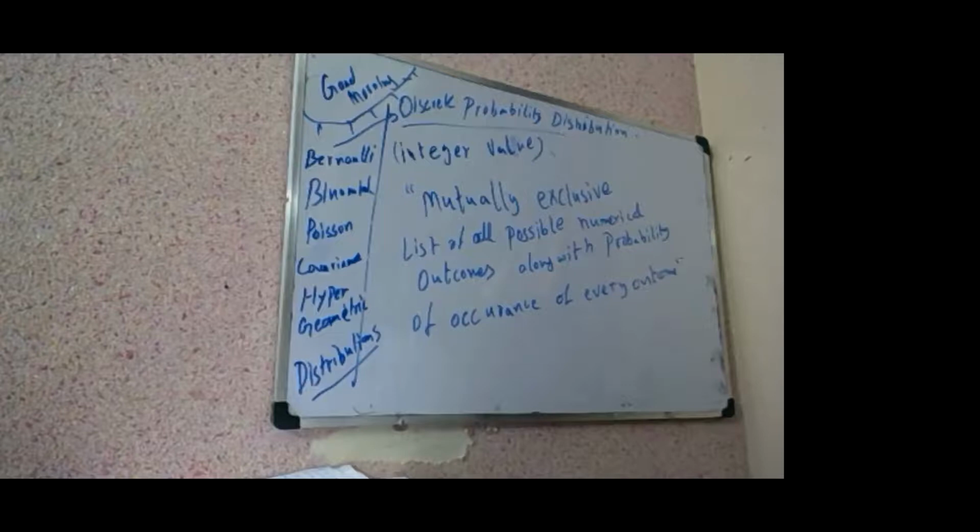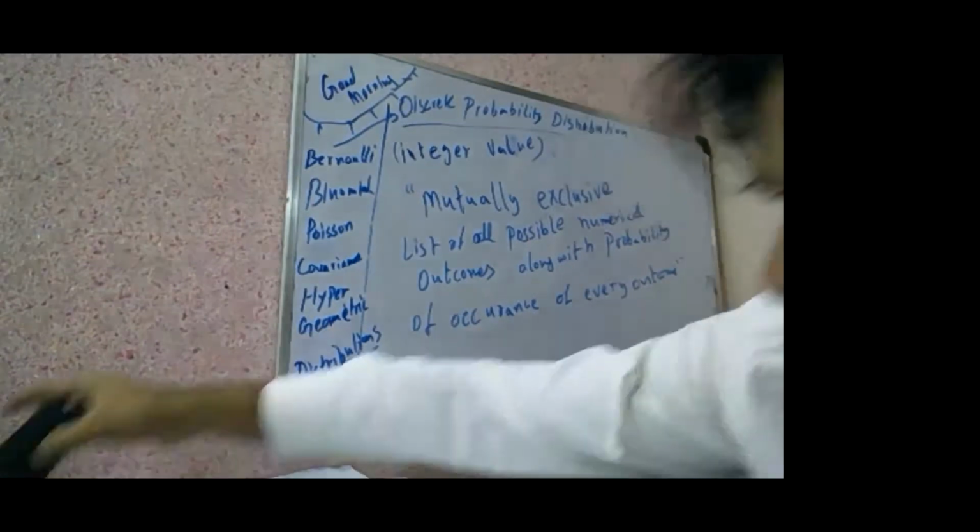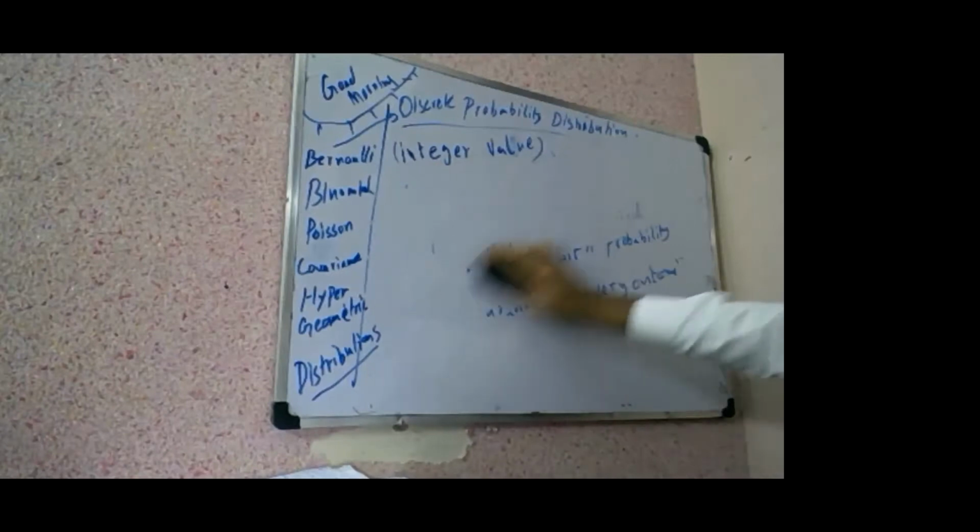What can I say? What is the probability? What are the chances of the students who can join the class during the class, right? So let's say there are 24 students, and I have to make a table.